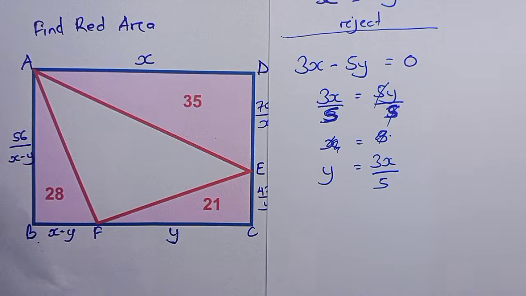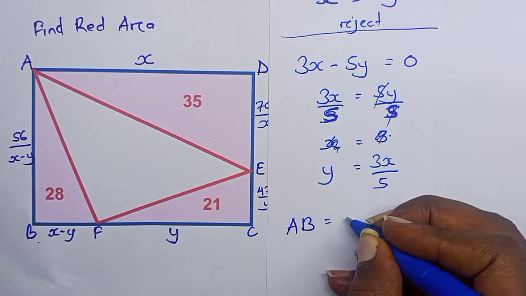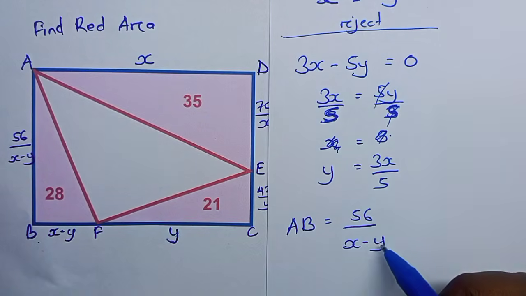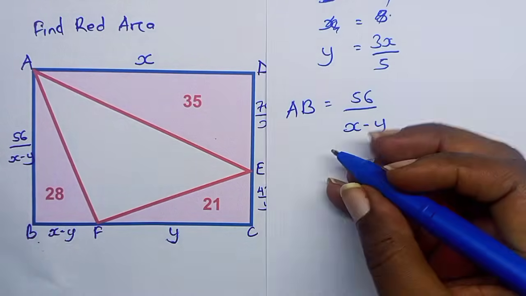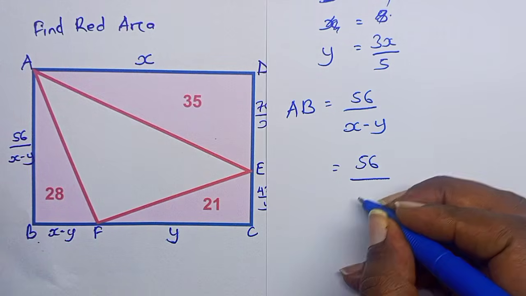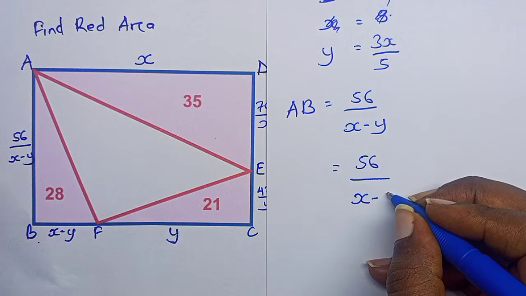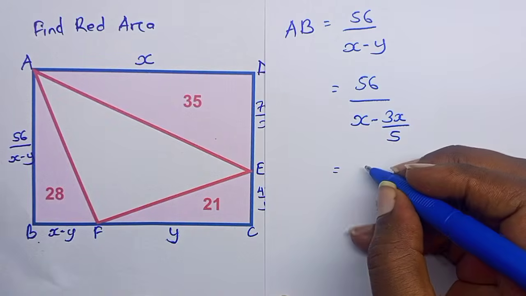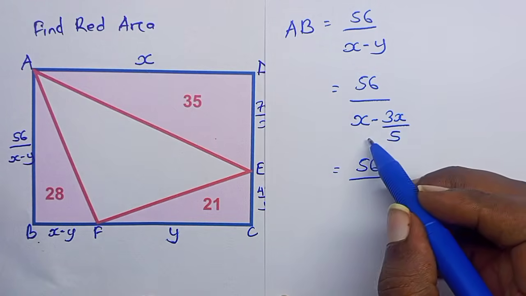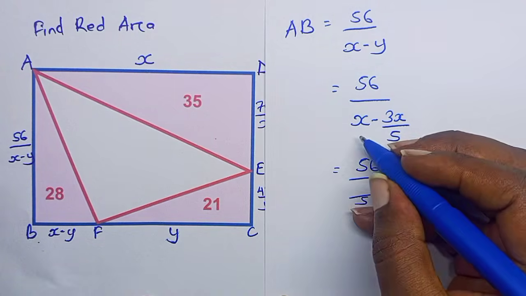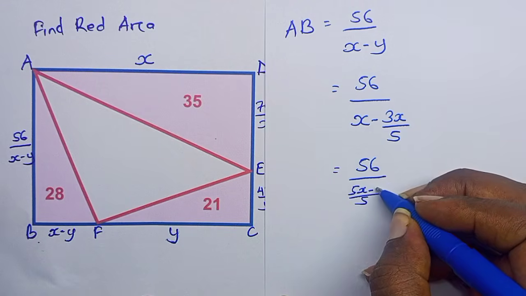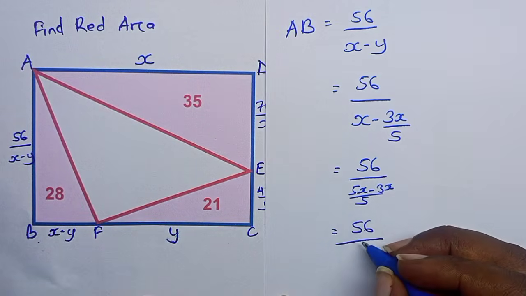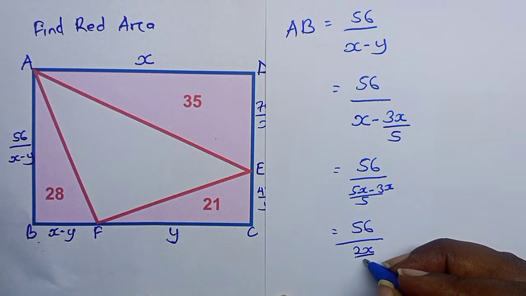Now remember, side AB is 56 over x minus y. So we're going to replace our value of y with 3x over 5. So this will be equal to 56 over x minus 3x over 5. Here the LCM is 5, so this gives us 5x minus 3x, which leaves us with 56 over 2x over 5.